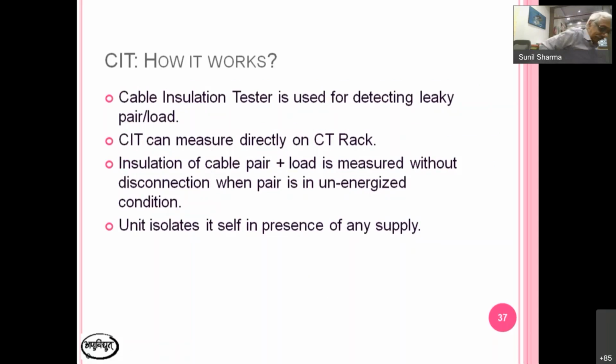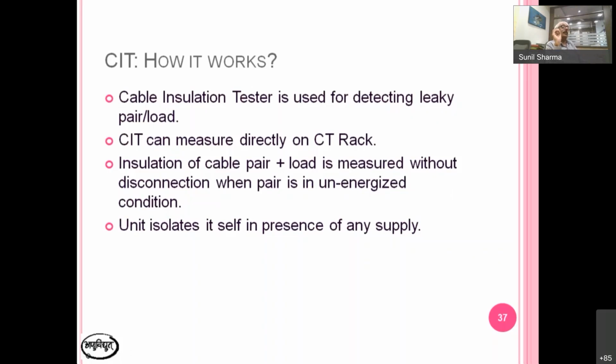Just take the leads, there are 3 leads, and insert them into the main meter panel. There are 2 red and 1 green, just insert them. And select the 5th position of the channel selector. It will work on the CT rack. It will measure the insulation of the cable plus load. It will measure only insulation with respect to earth, only one condition.